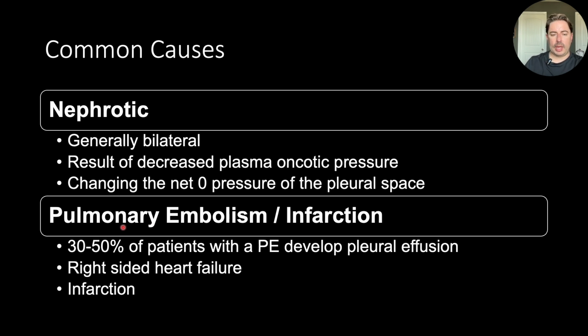About 30 to 50% of our patients with a PE end up developing a pleural effusion. The right-sided heart failure, we talked about that with the cor pulmonale, and the infarction is that tissue that no longer works the way it's supposed to because it's dead and dying tissue.